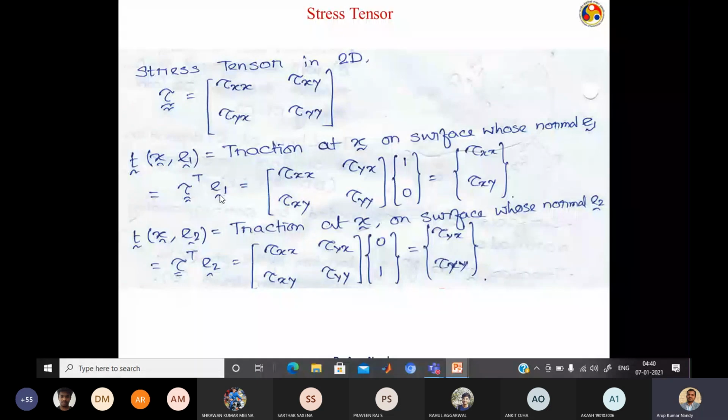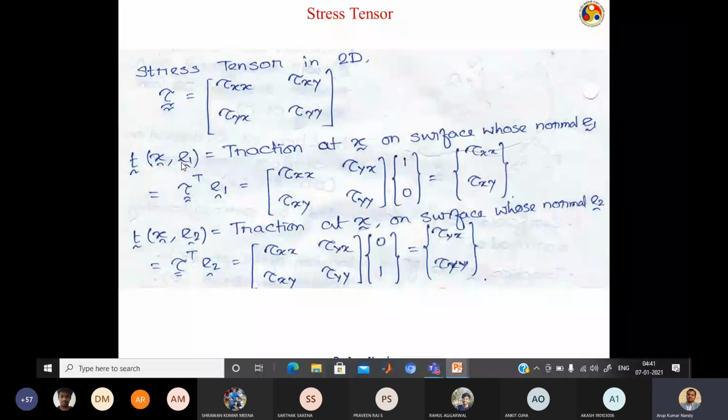So when the normal is E1, we get the traction components tau xx, tau xy, which is on plane E1. Similarly, for the plane whose normal is E2, we get the traction component with this relation T equal to tau transpose E2.